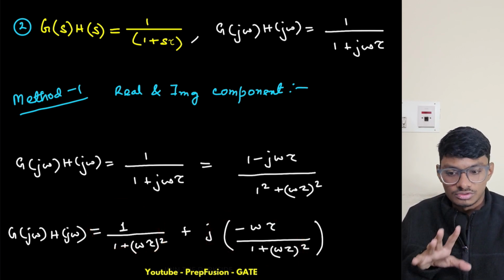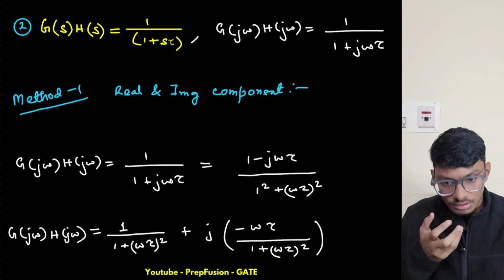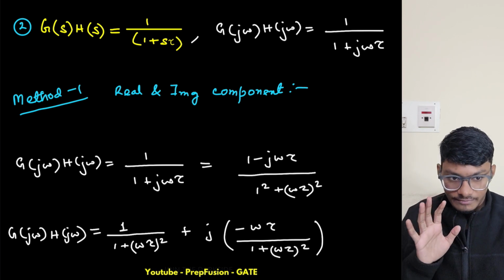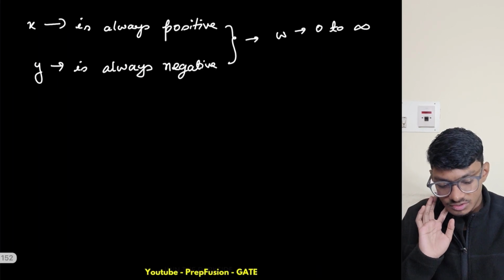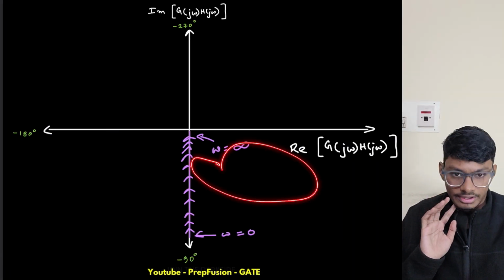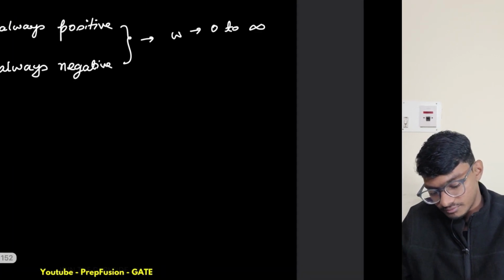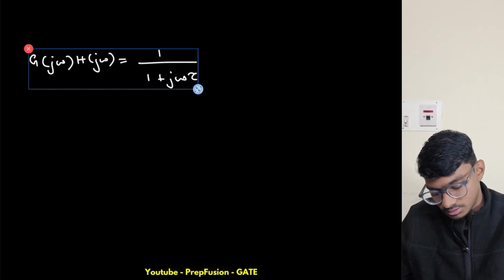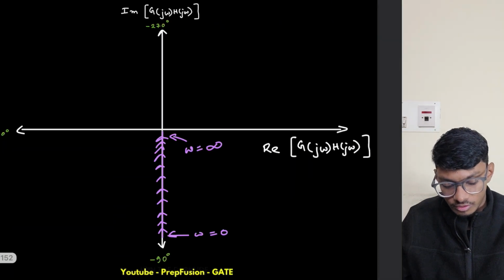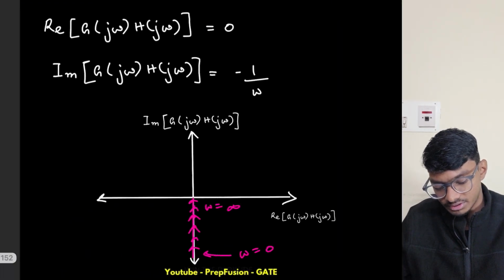So basically it goes to origin at omega goes to infinity, and in between obviously it will lie in this quadrant only, right? Obviously we can exactly plot the value, but this is just the approximation that I can tell you.